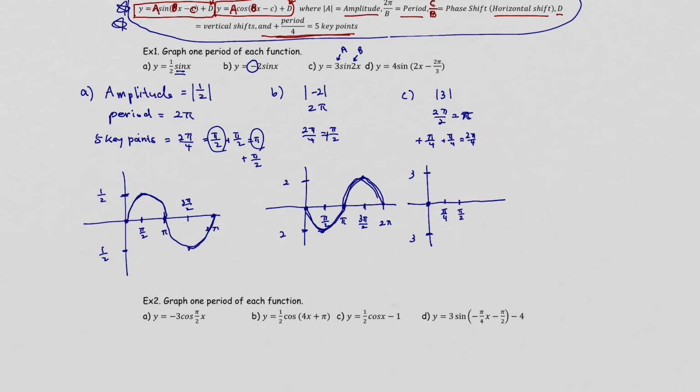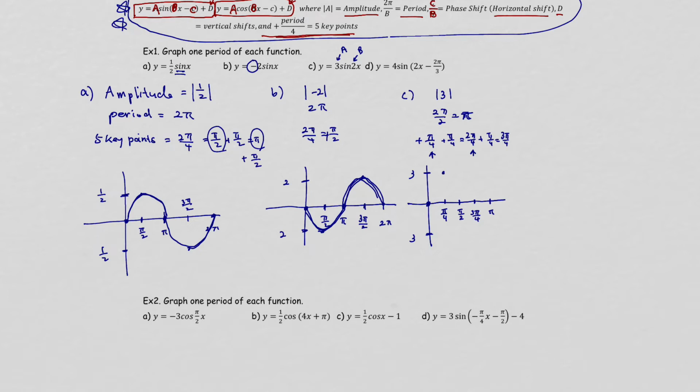The next point, adding pi over 4, so that's the big 3 point. That's going to give you 3 pi over 4. So that must be 4 pi over 4, which is pi.